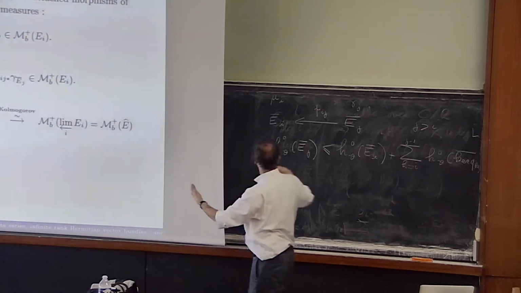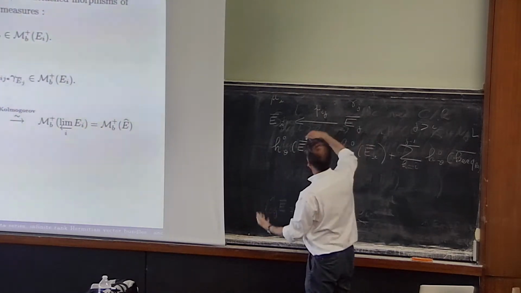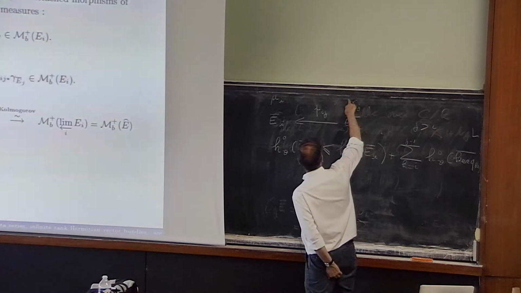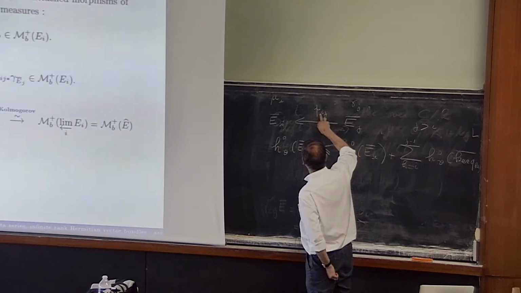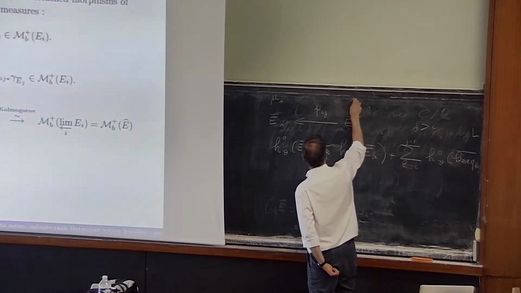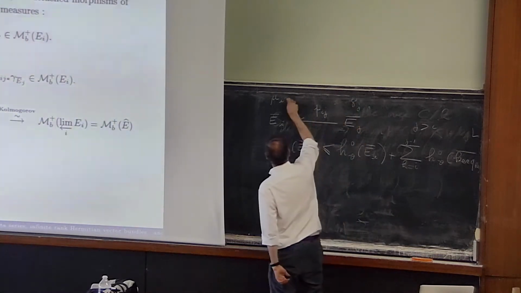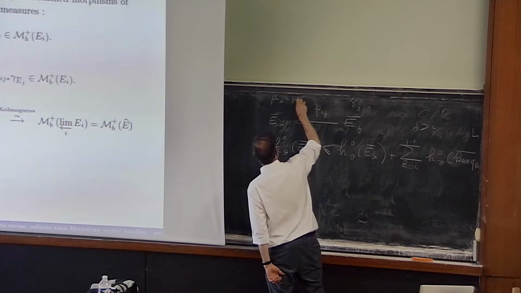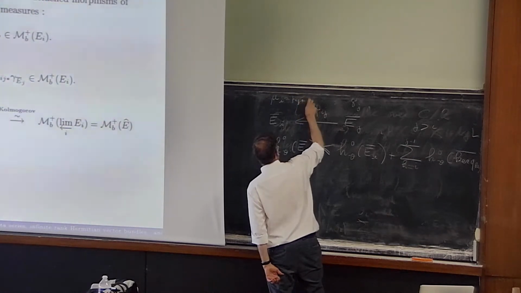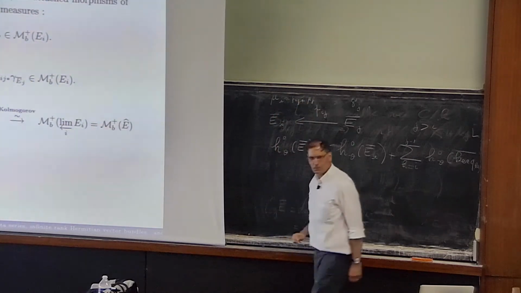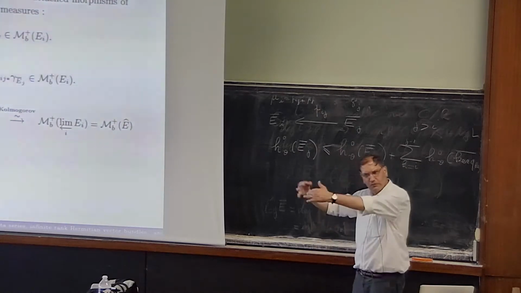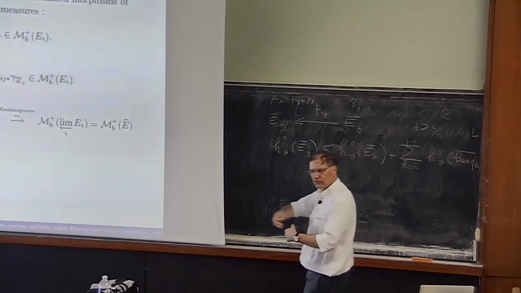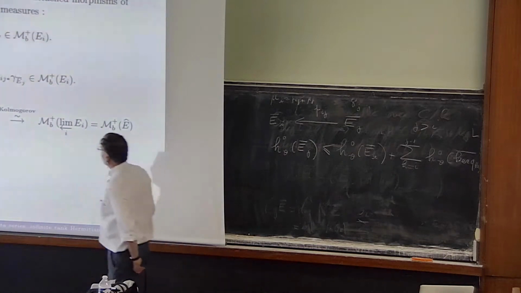And now these measures are compatible. If you take the direct image by Pij of mu j, you get, by the very definition, mu I. So you get families of measures that are compatible on this projective system of countable sets.